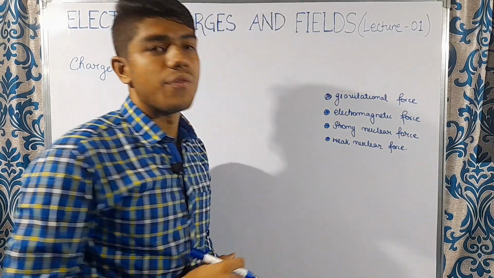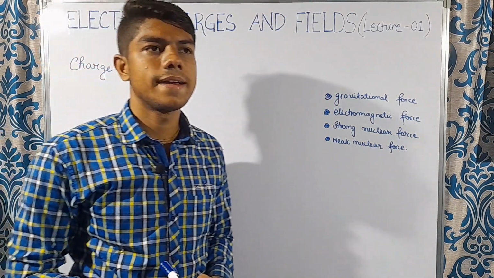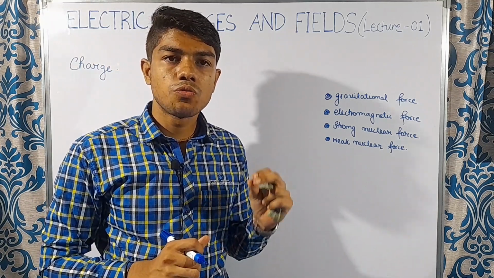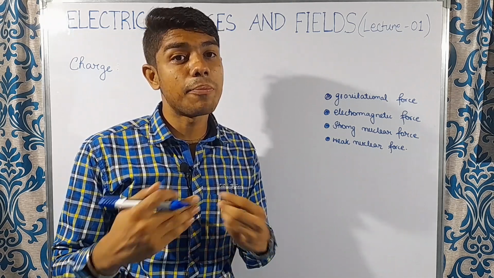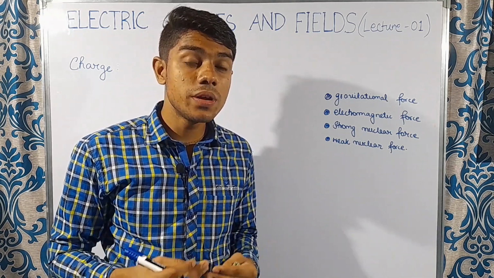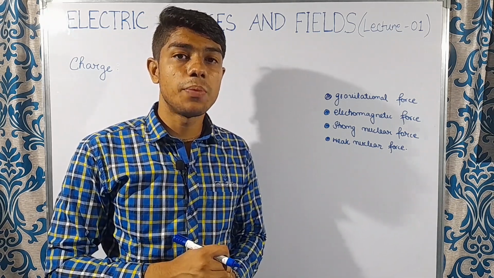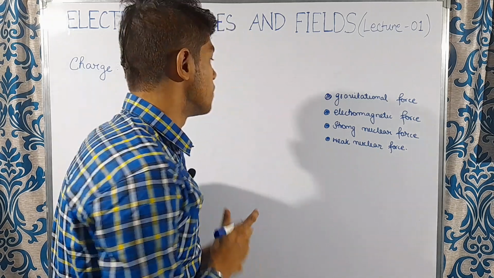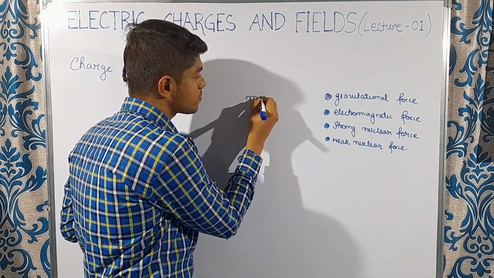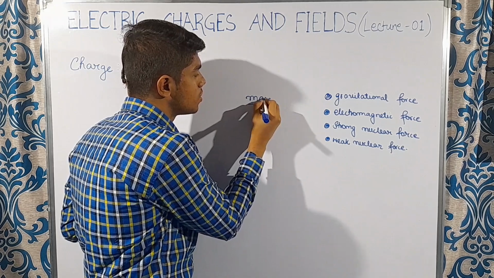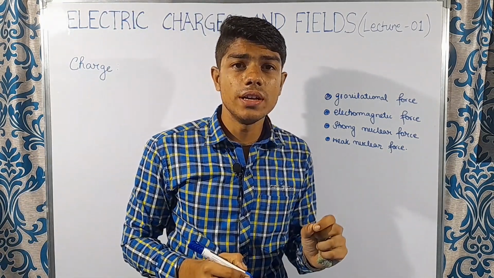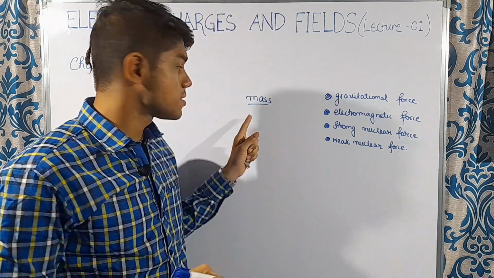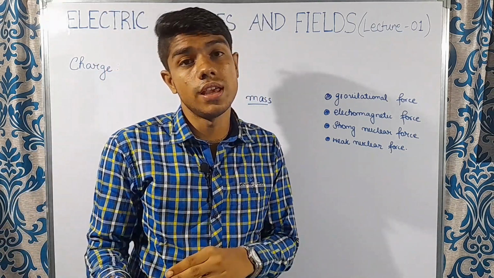Now, what is gravitational force? It is the force of attraction that a body can apply as well as experience due to the presence of a property called mass. Every body has a property called mass that is associated with it.